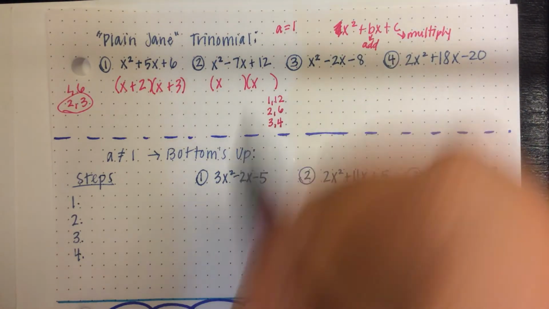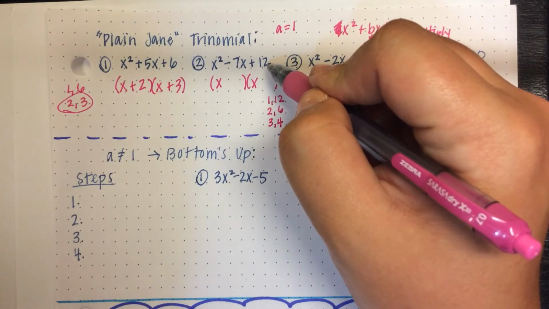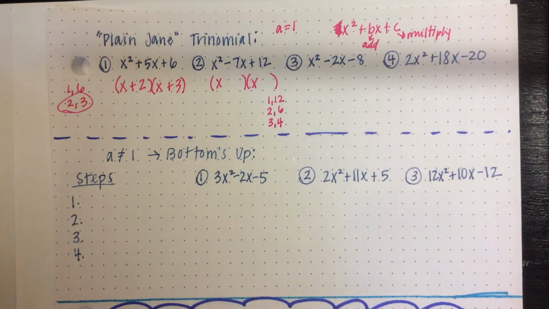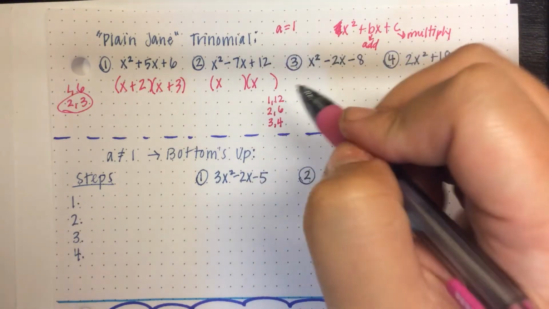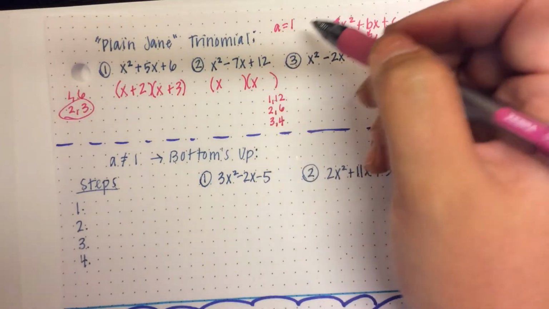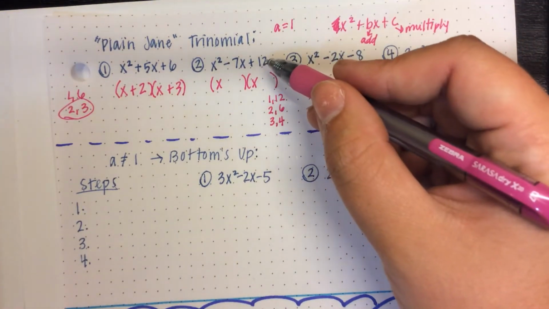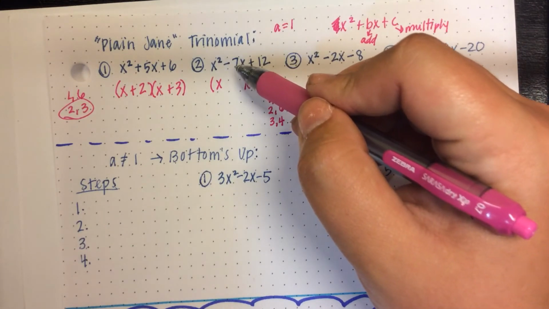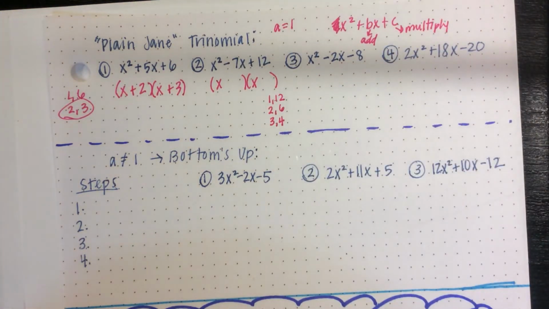Now in order to multiply to a positive 12, I either have to have a positive times a positive or a negative times a negative. That means I either have two positives or two negatives. It'll be the same sign if I have a positive c value. To get to a negative number, the only way is if I have two negatives.